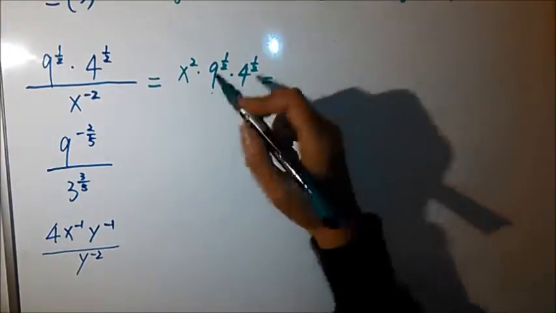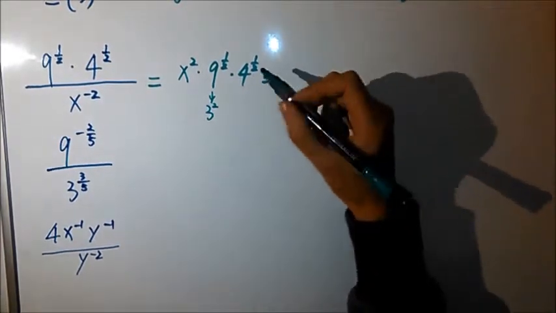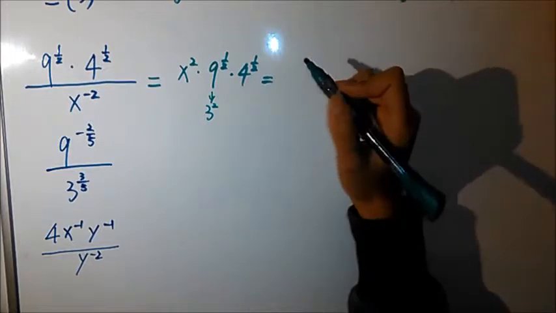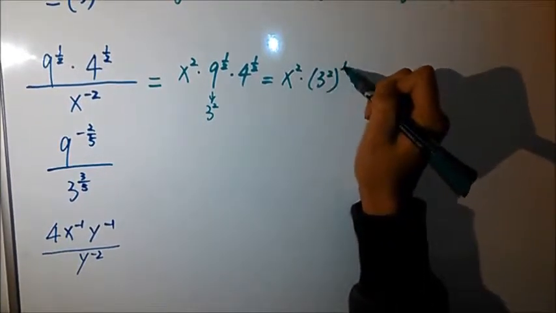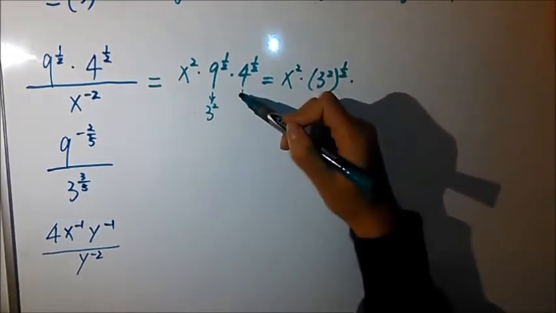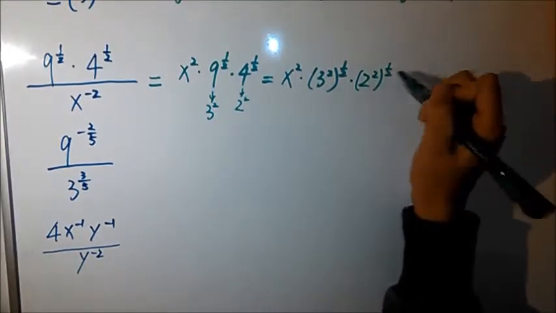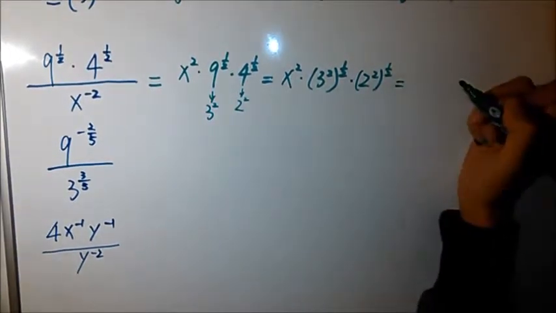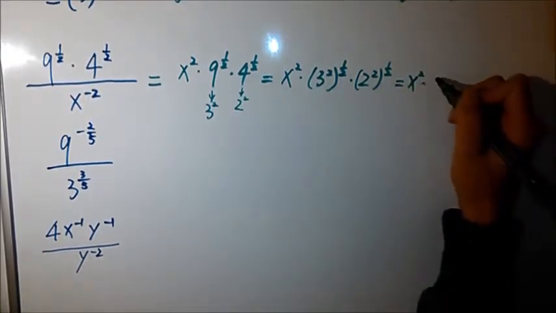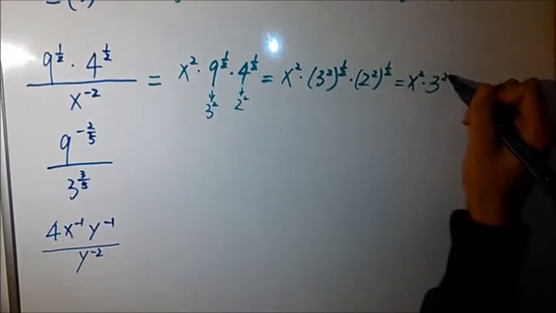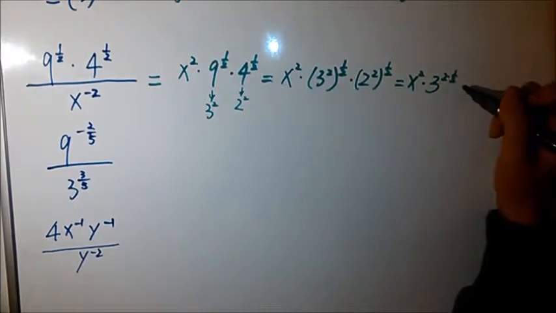And we can change it to 3 squared, to the half power, okay? Parentheses, half power. Same thing with the 4. We can change it to the most basic form, 2 squared, half power. Now if we use the power rule, we can distribute the half power into 3 squared, right? 2 times 1 half is 2 over 2.